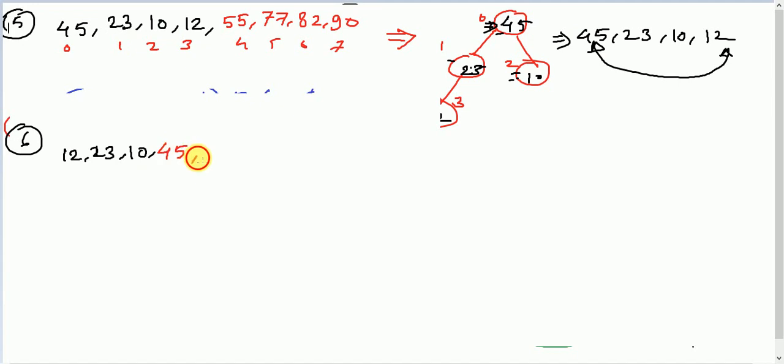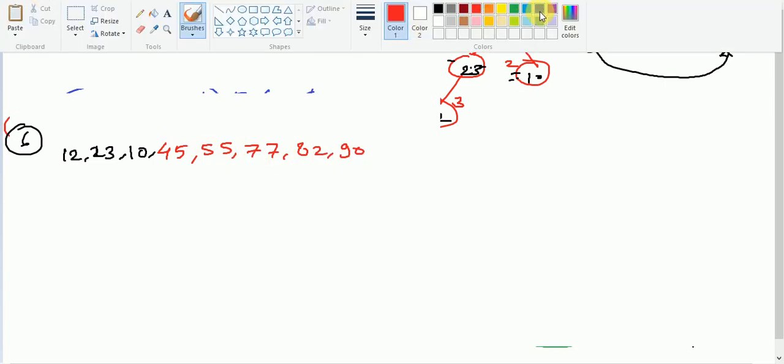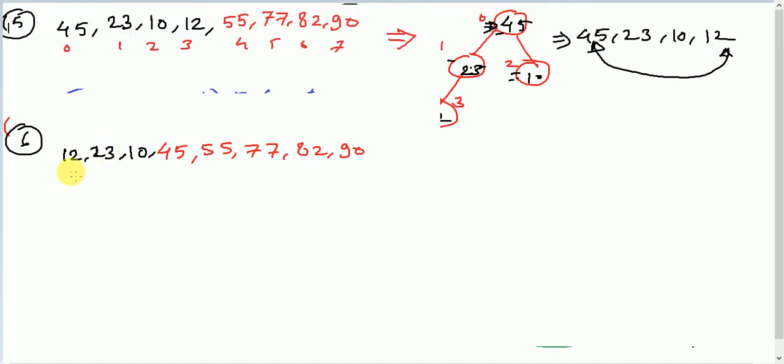So we'll get 45, 55, 77, 82 and 90. Now again we will apply the Heapify algorithm for only the first three elements.